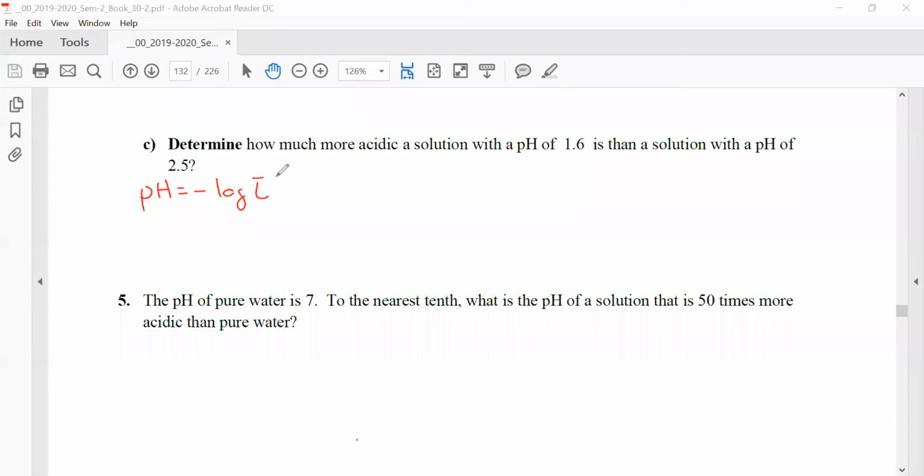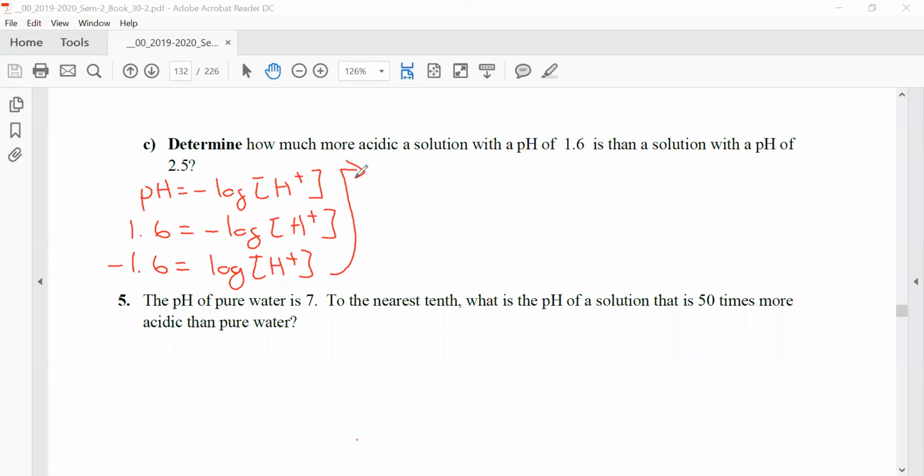When I'm stuck, what I know is I'm going to sub this information into my formula, divide both sides by the negative, and I'm running out of room, so I'm going to go up here and convert it to an exponential.